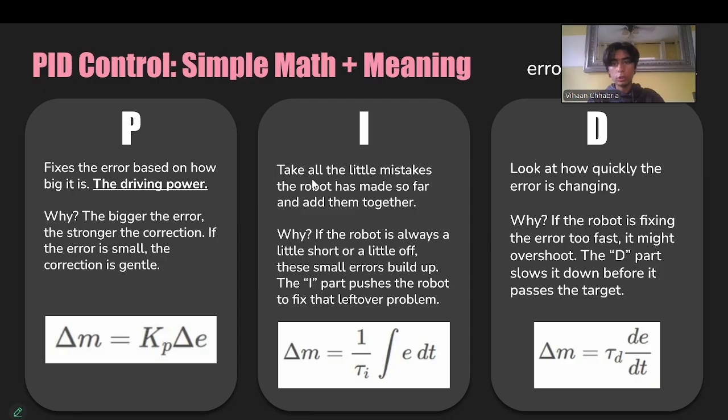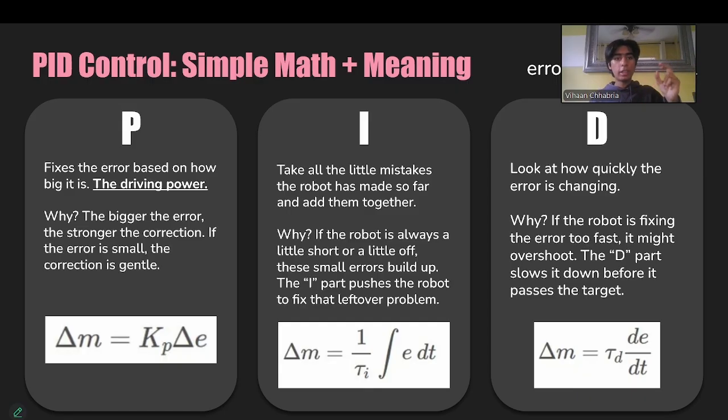And then I, generally you don't use it as much as P and D. The use case would be, let's say your elevator always goes to 59 inches when it's set to 60 inches, or if you're going to 70 inches, it always goes to 69 inches, and so on.